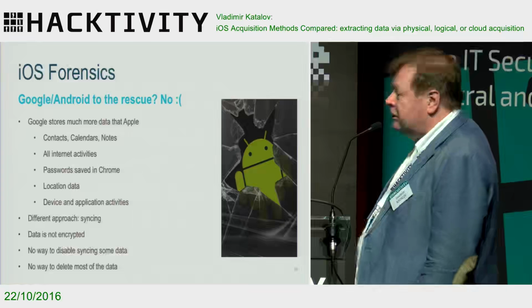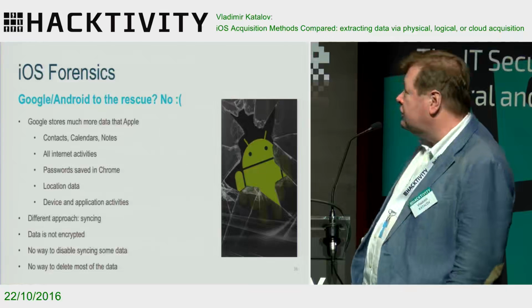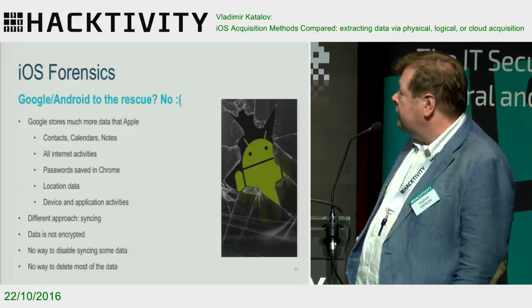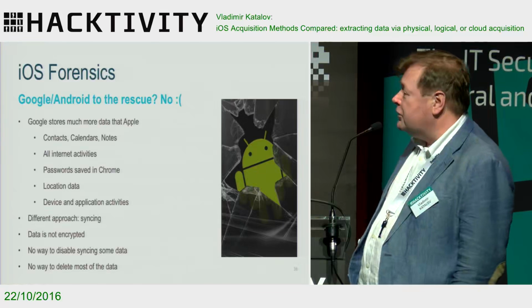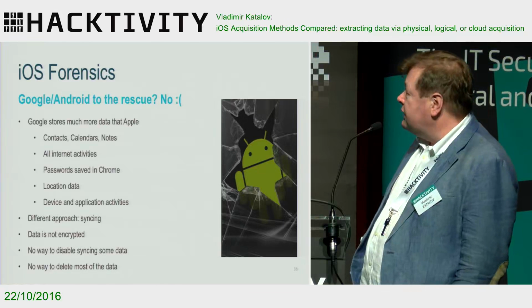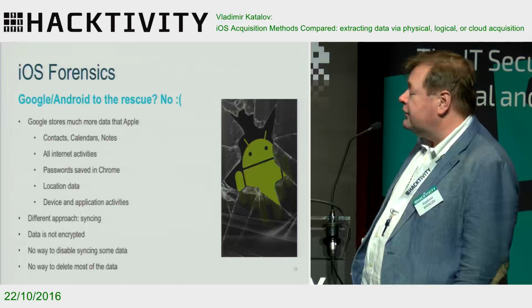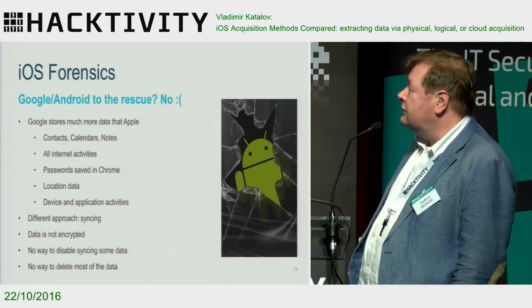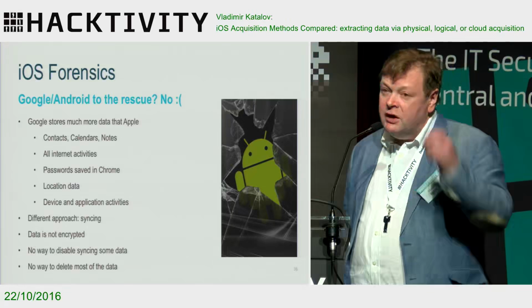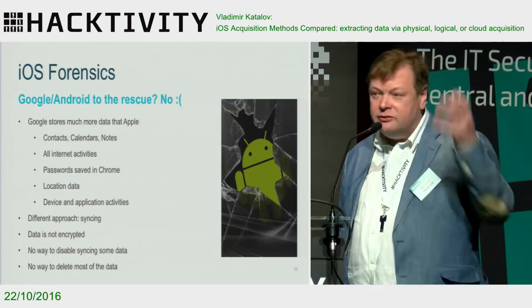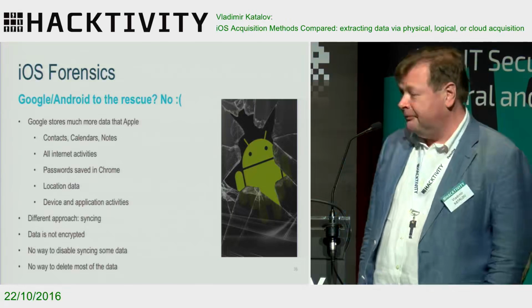Just a couple of words about Android and Google. If you think that Apple is a kind of evil while Google is not, that's not the case. Google stores even more, and they're using a different approach. They also have backups. If you have an Android phone, you can enable some backups.